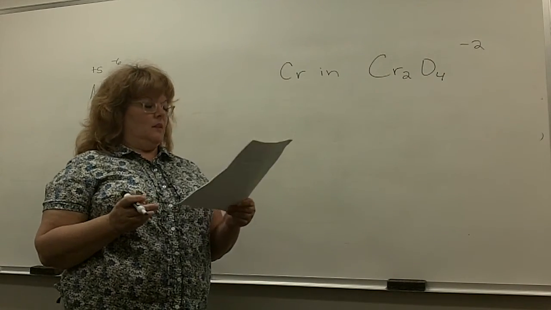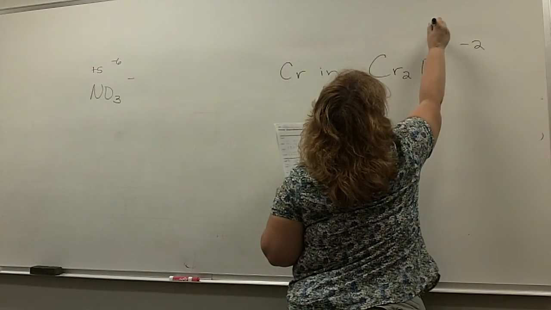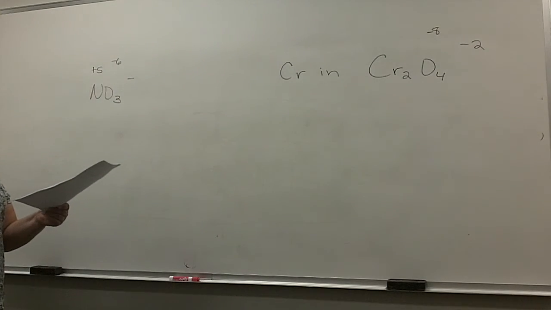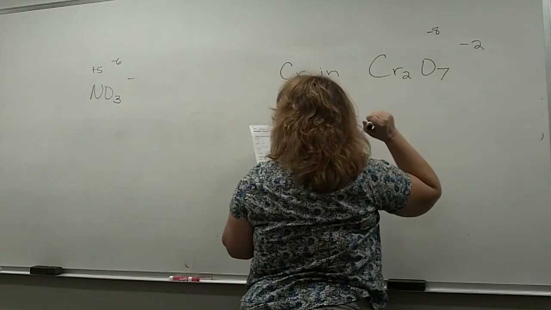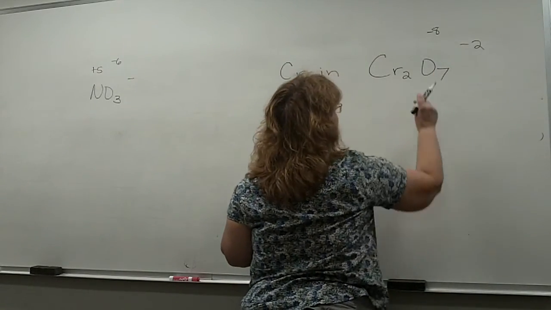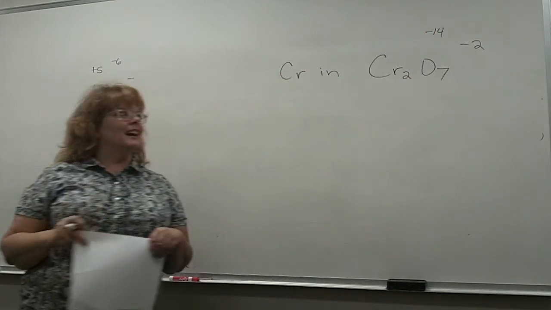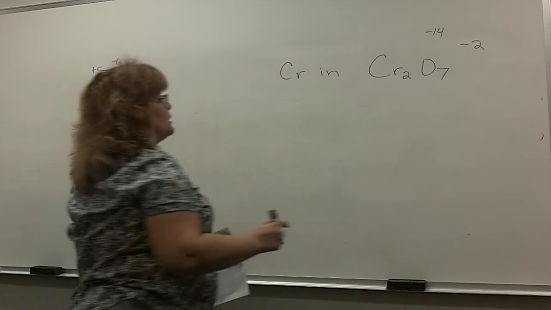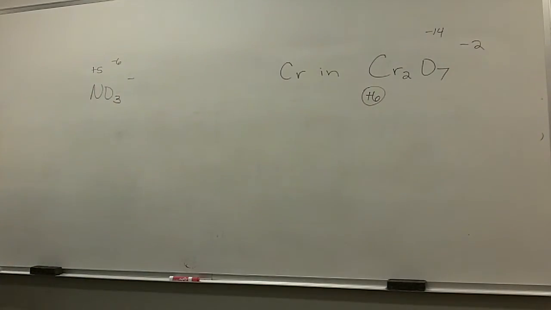So if we've got oxygen times 7, that's -14. So I need to have a +12 on the positive side. So the chromium is going to have an oxidation state of +6. Good with that? Okay.